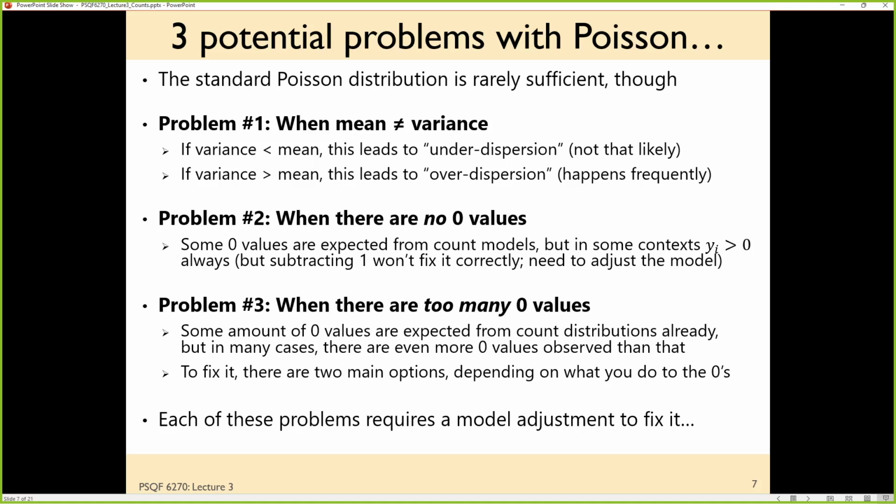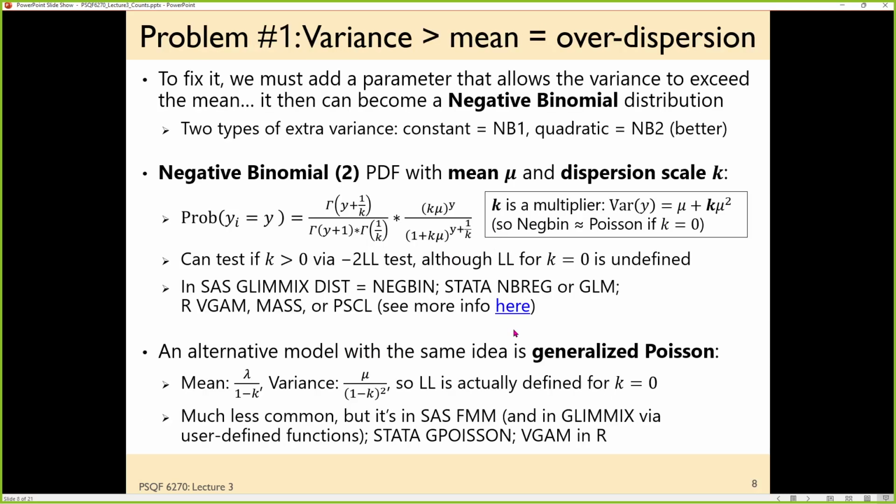Over-dispersion means more variance than there's supposed to be, and that will be true of any distribution where the variance is tied to the mean and not separate somehow. So the binomial distribution can have over-dispersion, and a Poisson distribution can have over-dispersion as well. That's the one we're going to practice with. No zero values is also possible, and too many zero values is also possible.